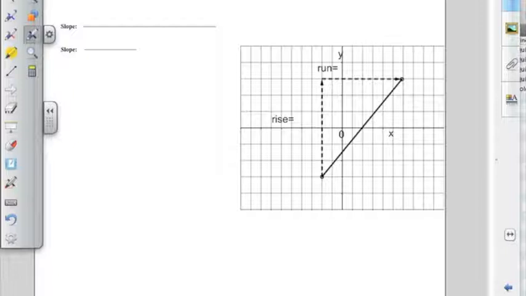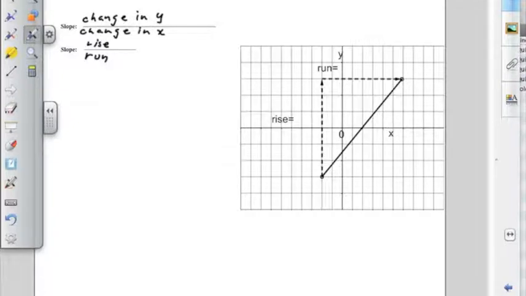So the slope of a line segment is really defined as the change in y over the change in x. And because that's a lot to write down, we abbreviate that to rise over run.